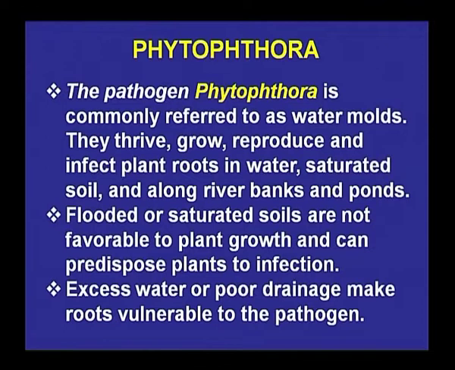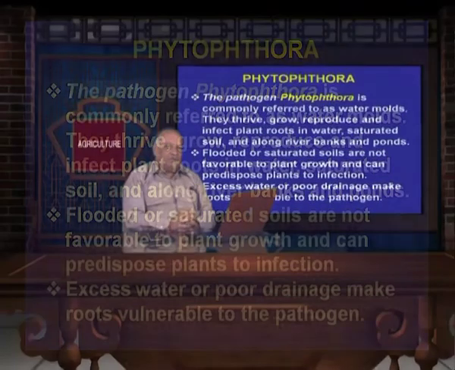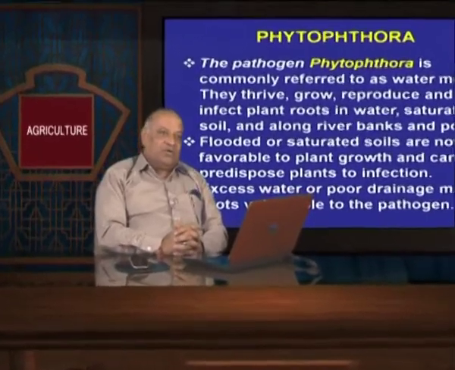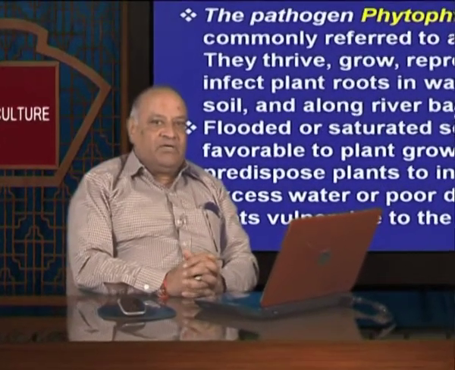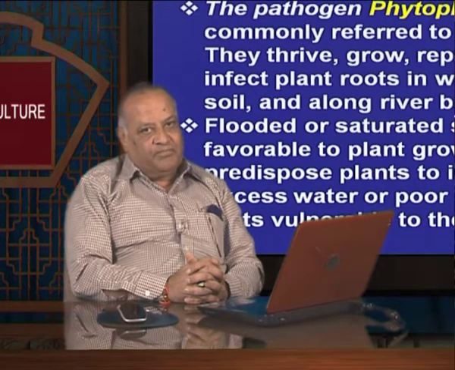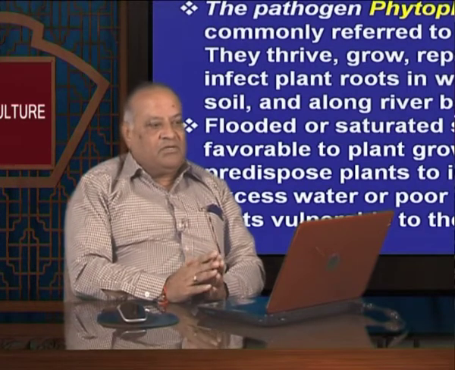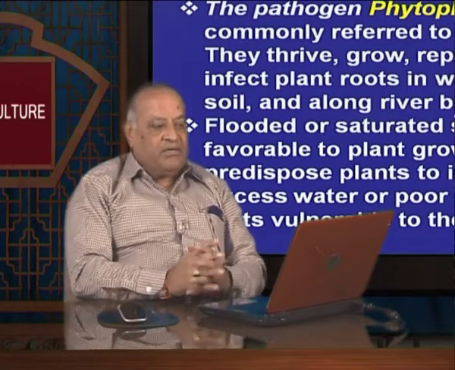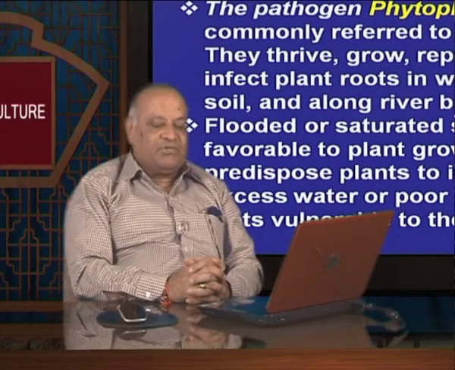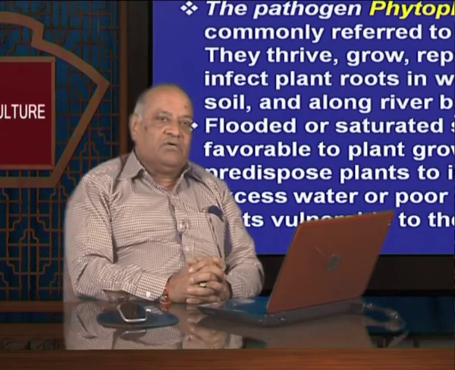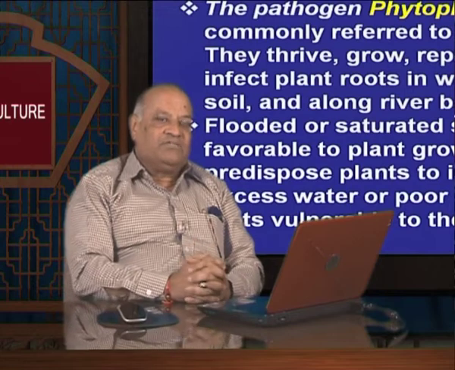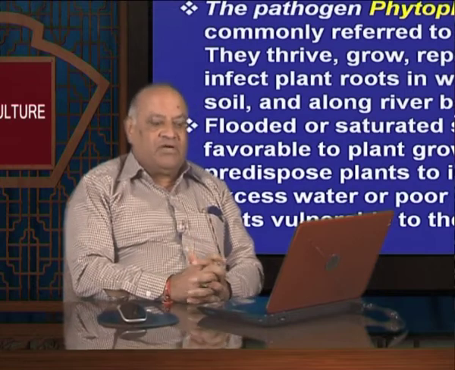Third, excess water or poor soil drainage makes roots vulnerable to the pathogen. So for Phytophthora, soil drainage is a very important point. Water should not be near the plant, and especially it is a pathogen of nursery diseases or orchard diseases.